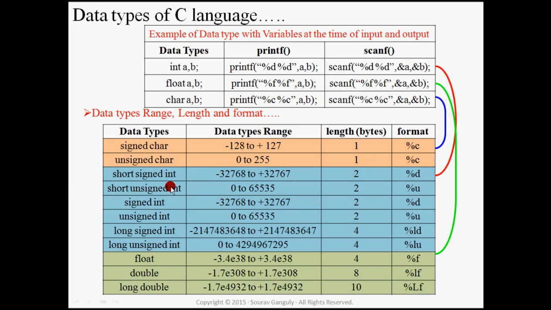The short unsigned int, the range is this and the length is this, and this is the format. If I want to write here short unsigned int, the full data type, then I have to use %u here. We reject %d and use %u here to tell the compiler that it is short unsigned int.